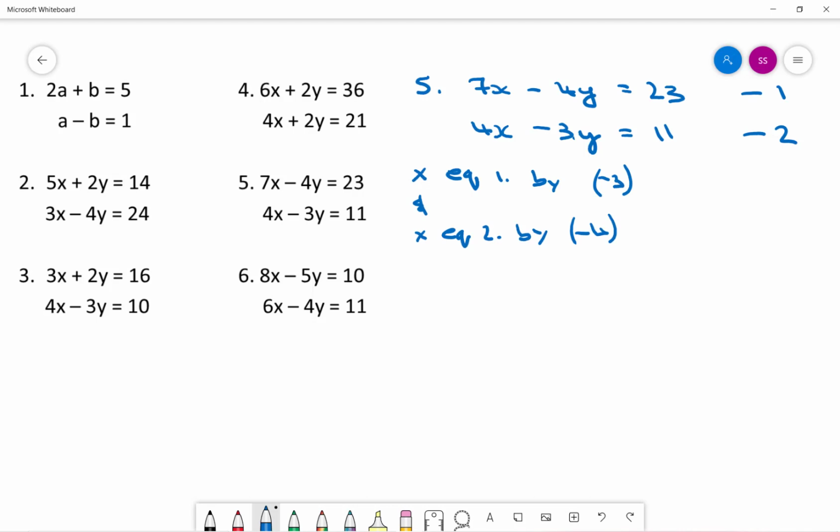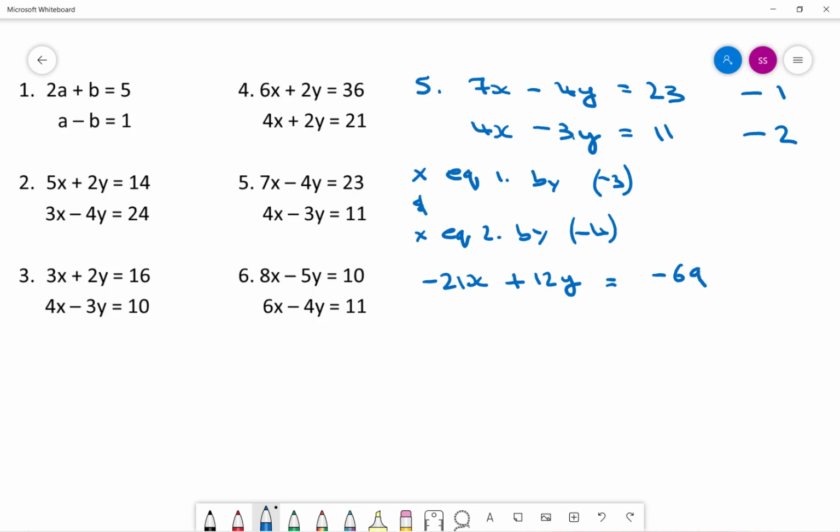If we multiply through now then, equation 1 is going through by negative 3. 7x times negative 3 will be negative 21x. Minus 4 times negative 3 is going to be plus 12y. And then 23 multiplied by negative 3 is going to be negative 69. So there's equation 1 multiplied through.